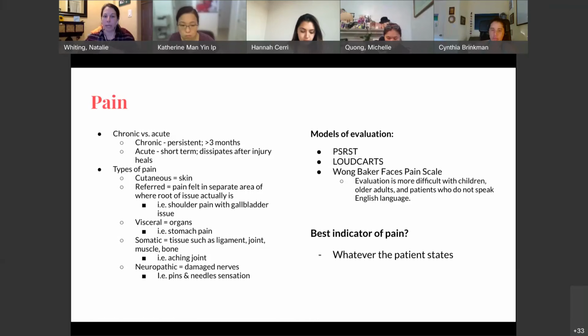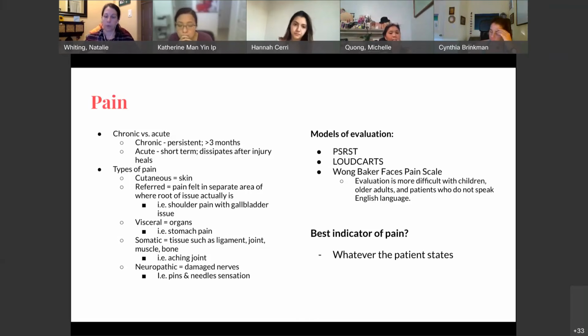The types of pain we have are cutaneous, which is the skin, right? We have referred pain, which is pain felt in a different area from where its origin is. The gallbladder is a good example: you'll have right-sided shoulder pain with an issue with the gallbladder.